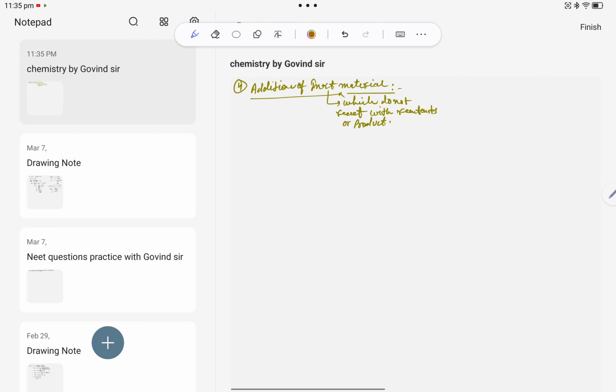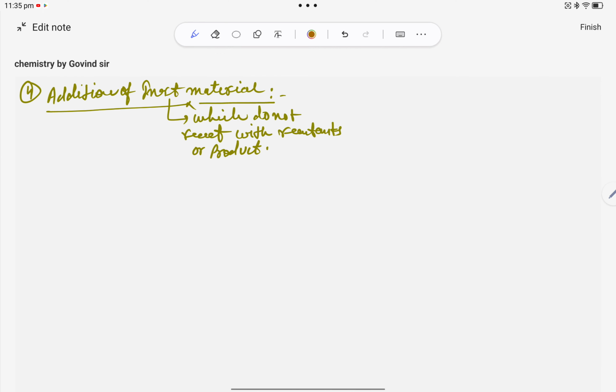In that case, children, 2 points are there. Constant volume: in constant volume, no effect.